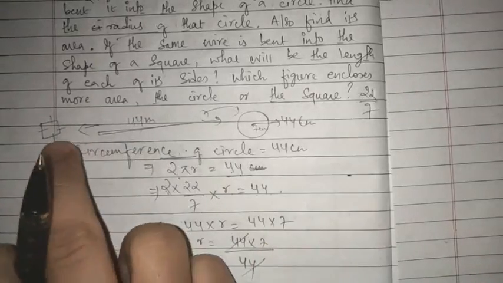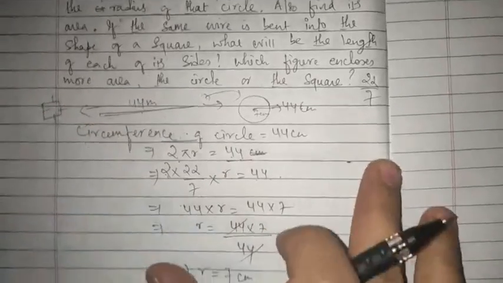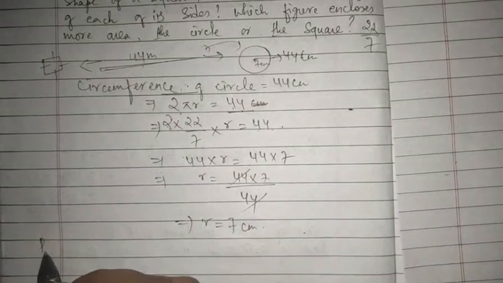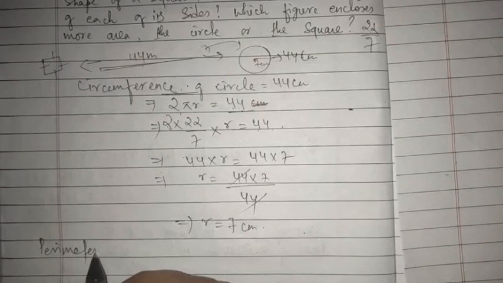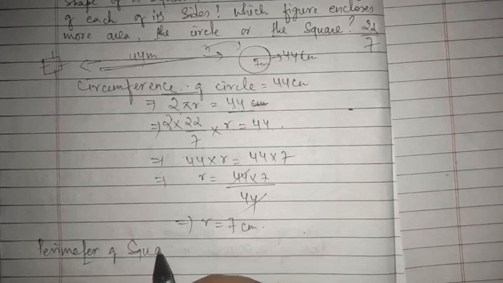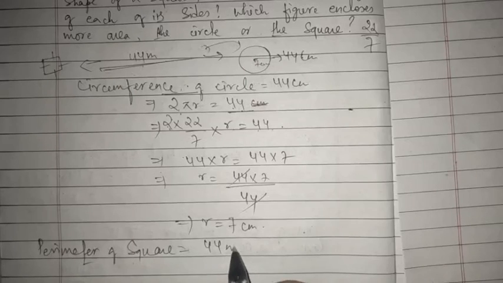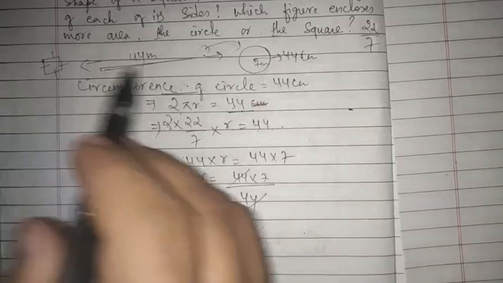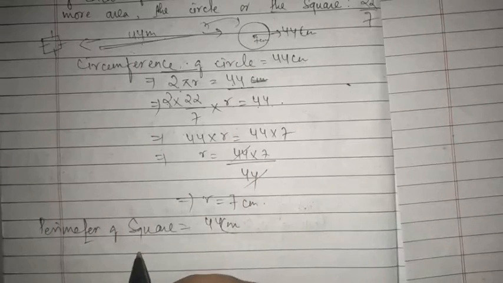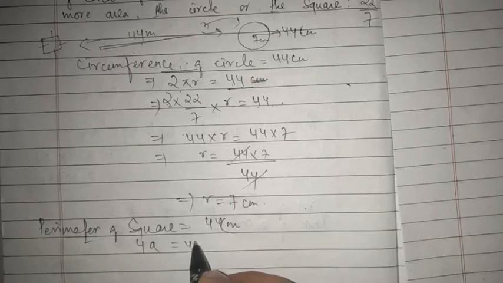So still we know that the perimeter of the square is given here, that is 44 centimeter. That is the boundary given. What is the formula of perimeter of a square? 4 into a is equal to 44.